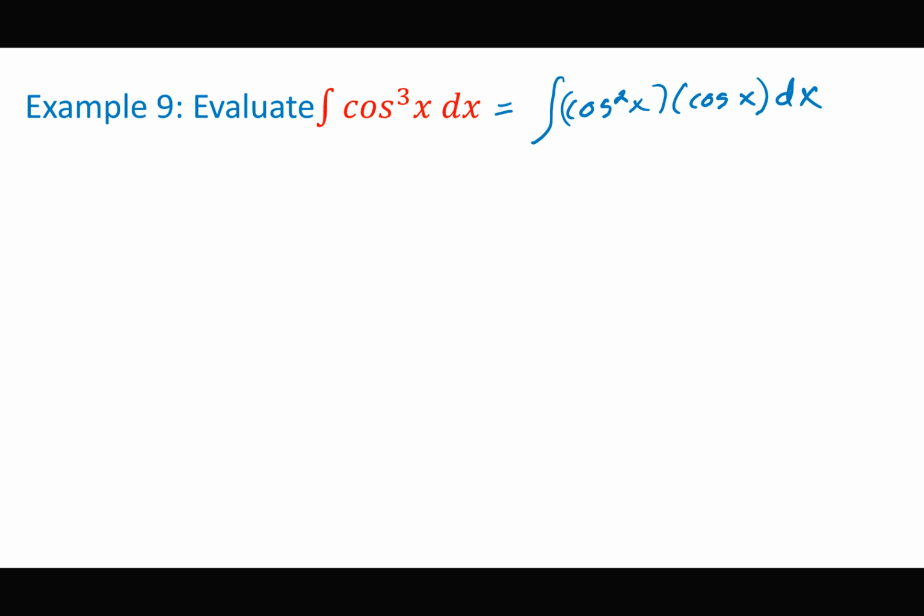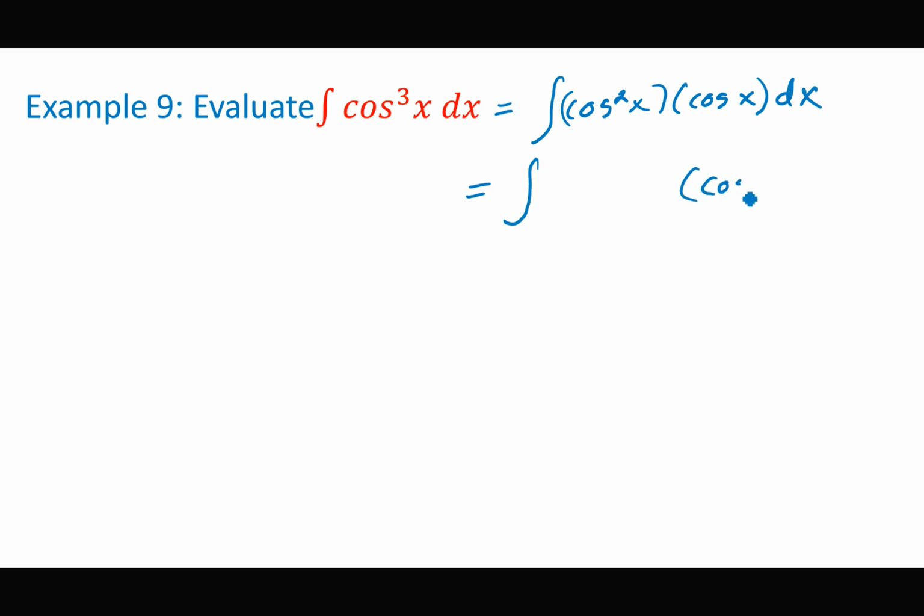Starting to look ahead on this one, I'm trying to pick a trig function that when I do the derivative of it, it already appears. Right now, if I chose cosine, I do the derivative, I end up with a negative sine. Sine's not in my problem. So I actually want opposite trig functions to appear in my problem.